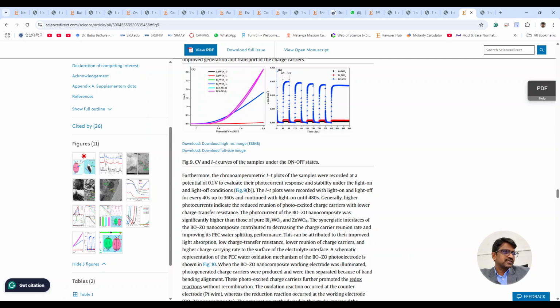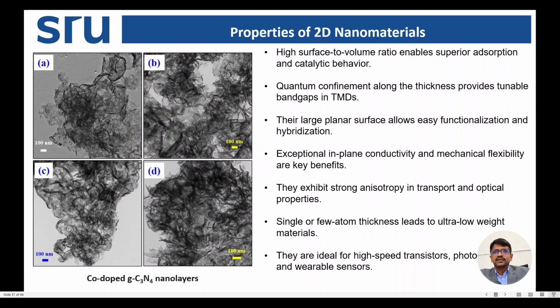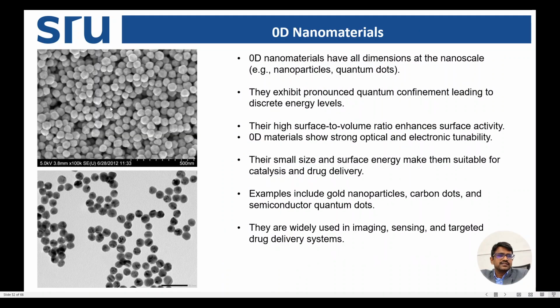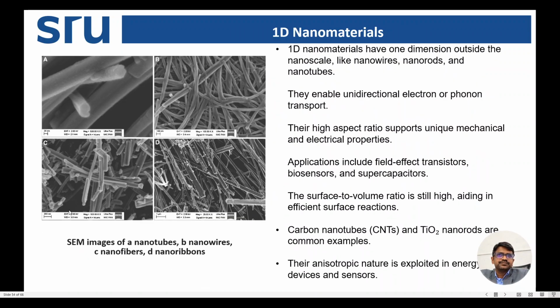Then let's go back to our presentation. These are the properties of two-dimensional nanomaterials. So far we have discussed zero-dimensional materials, nanoparticles and quantum dots, and then one-dimensional materials, examples nanowires, nanorods, nanotubes, right?